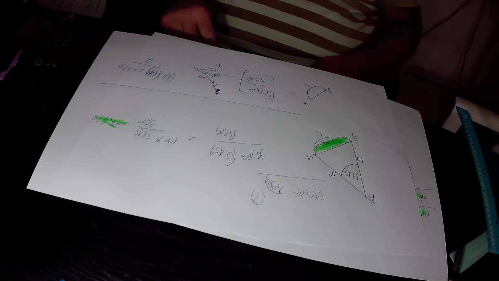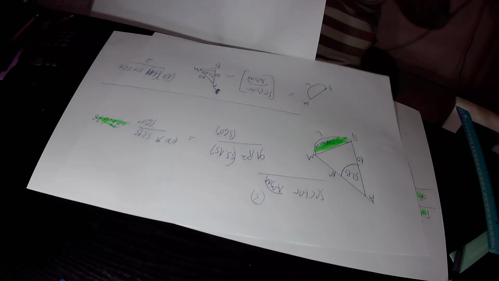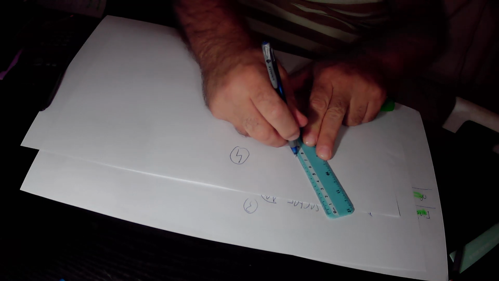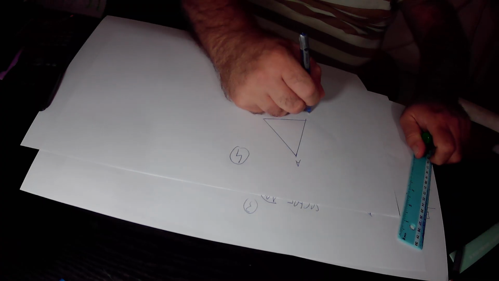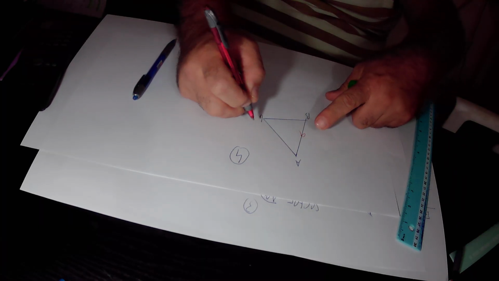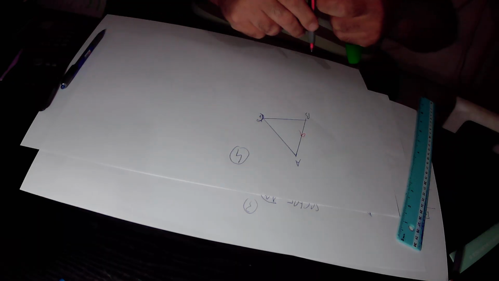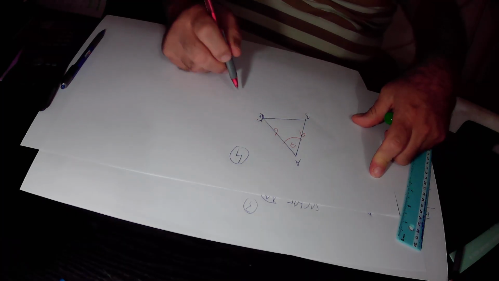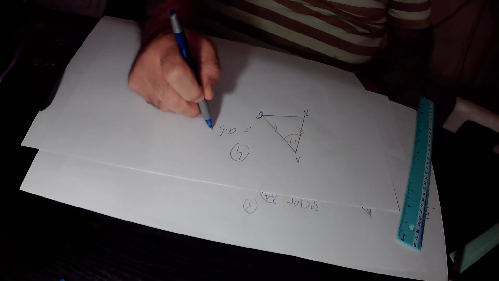Actually, I calculated the area of this triangle ABM according to the formula that if you have triangle ABC, which could be any triangle, with side AB equal to A units, side AC equal to B units in its length, and this angle equal to theta, then the area of this triangle ABC equals A times B times sine theta over 2.